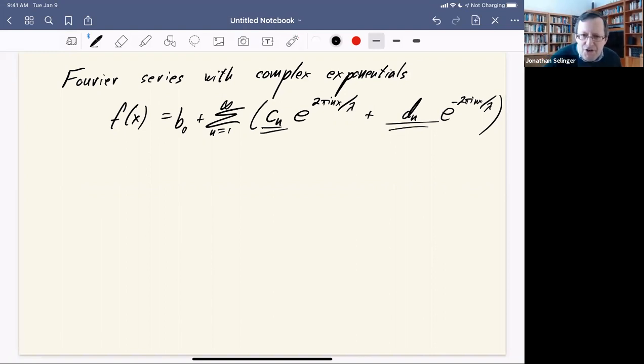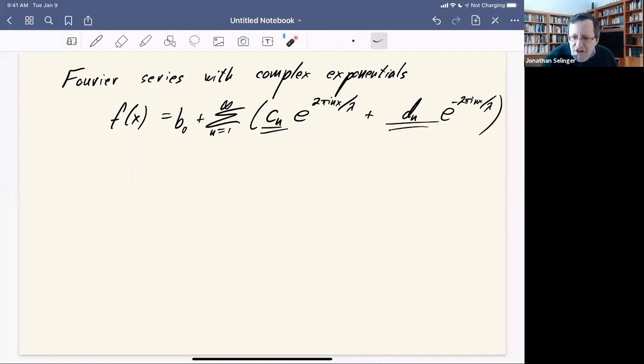Okay, we're good so far with the Fourier series with complex exponentials. Now you might say we could make things a little simpler than this, right? Isn't it weird that I have all the positive complex exponentials with the C coefficients, and then the negative complex exponentials with the D coefficients, and the 0 is a B thing by itself?